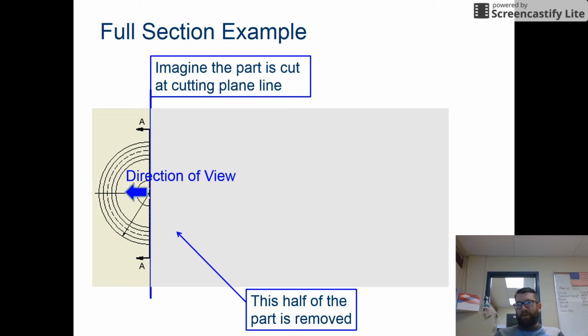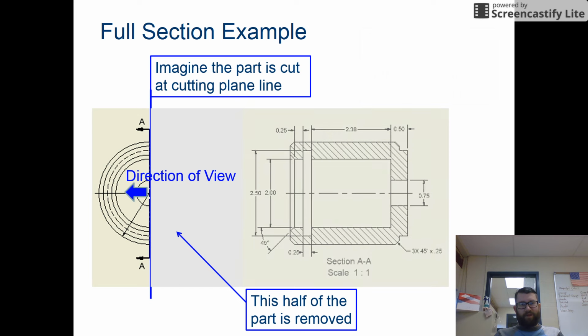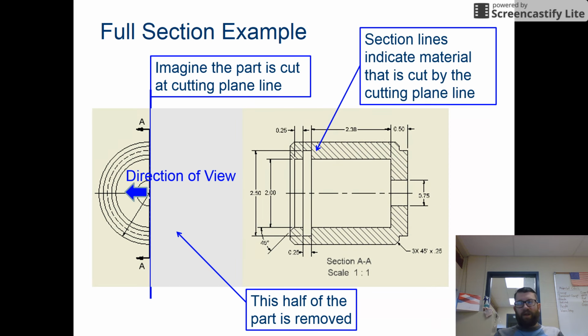The direction of view is looking at the cross section of the stuff that is still there. And here you have a better idea of the section lines because that's where the material gets cut. As you can see, there's a lot more detail that can be shown in the section view than an overall top view of something.